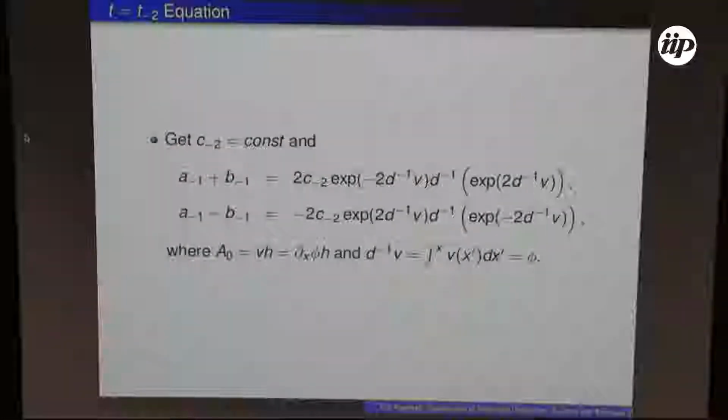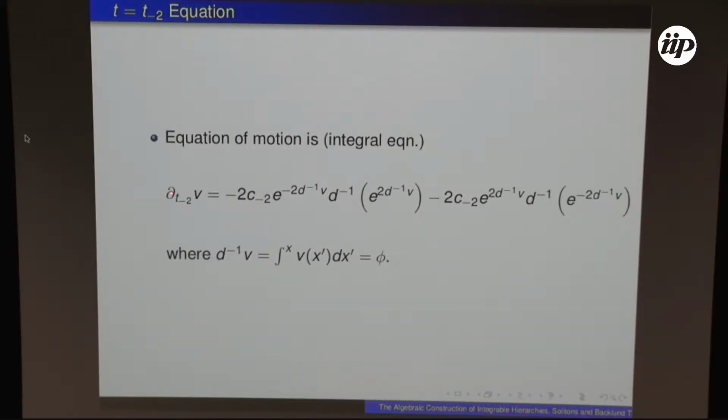And you see A0 was V times H, so I had to change variables. Instead of V, I write my variable as the derivative of phi. And if you want to invert, phi is the integral of V, which I denote as d^{-1}, the pseudo-differential operator. So d^{-1} of V is just the integral of V. And the equation of motion you get is this equation. And then you see you have two non-localities, one in the exponent, d^{-1} of V, which you can replace by phi, and then you have another d^{-1} of the exponential.